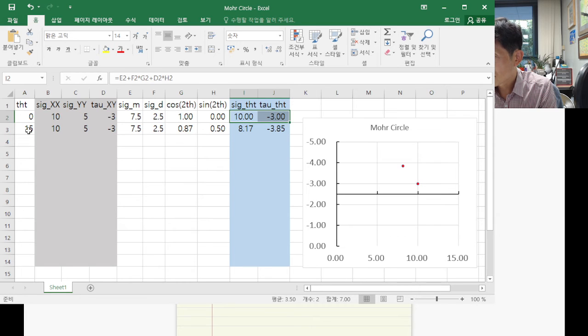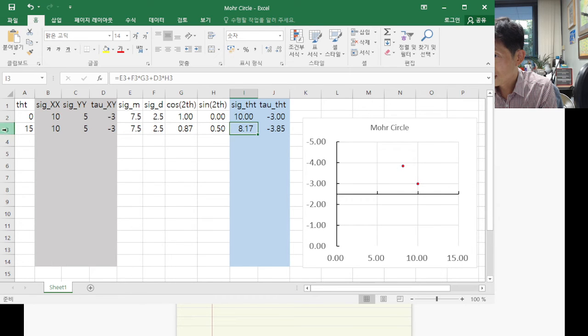And then I consider a 15 degree difference. Then starting from this point, we have the angle change become 30 degrees. Isn't it right? 30 degrees. And then finally at this point, my sigma theta value is read as 8.17, and then my shear stress is 3.85.